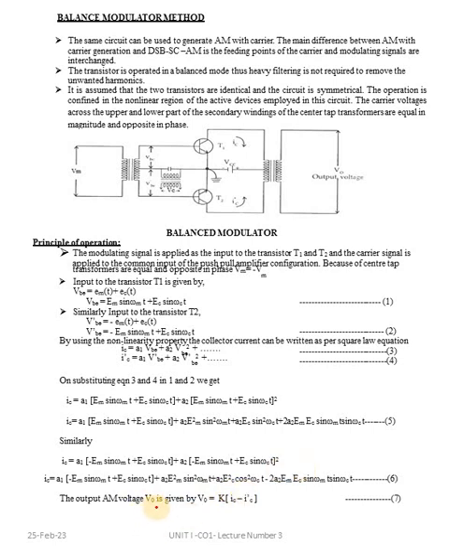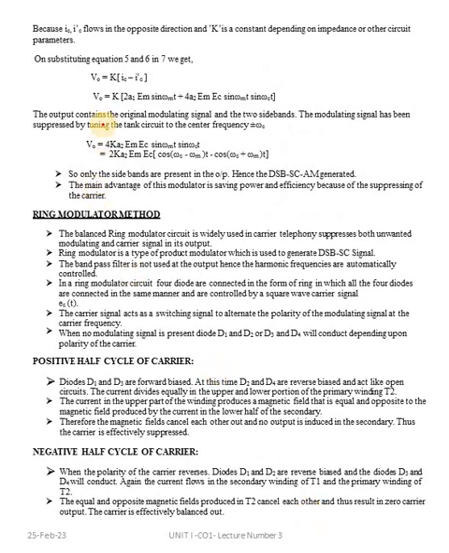The output AM voltage is V0 equal to some constant value times the difference in the current across the secondary coil, that is V0 is equal to K into IC minus IC dash. Substituting the values for IC and IC dash from the previous equations, we get V0 is equal to 4K EM EC sin omega m t sin omega c t.